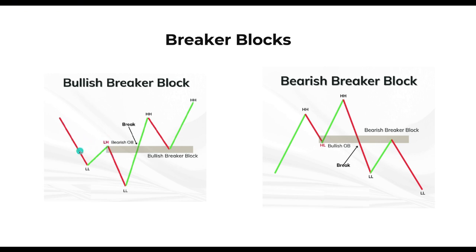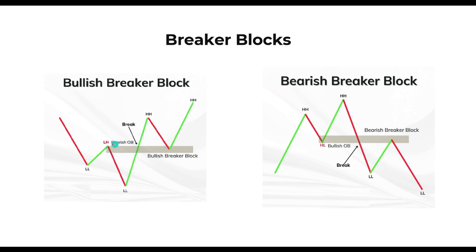So let's take for example this illustration. You can see that previously we were in a bearish trend, right? And price broke structure over here. During this bearish trend, we had a bearish order block that was supposed to hold price from going higher and keep it going lower. This order block here was supposed to act as resistance, but it failed.